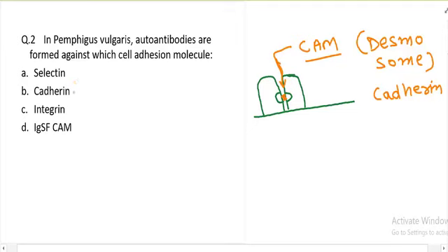So the answer to this question, because the given condition is pemphigus vulgaris, will be cadherin, because this is against desmosome. But if we see bullous pemphigoid, in case of bullous, the antibody will be against hemidesmosome.